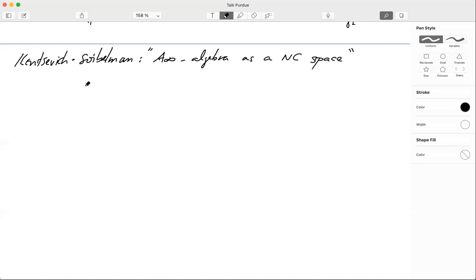Well, just to remind people in the audience, what's an A infinity algebra? Quick definition. A is some Z-graded vector space over some field K, and I'm going to always work in characteristic 0.